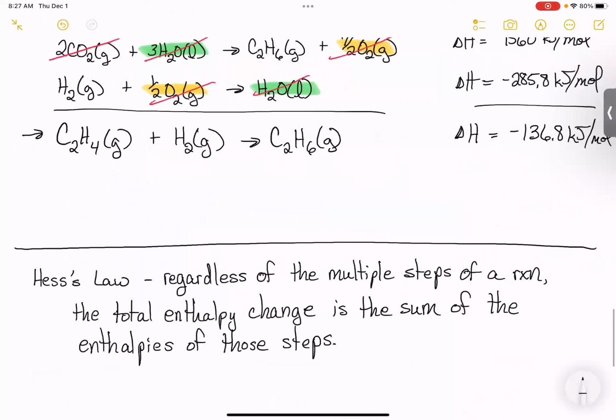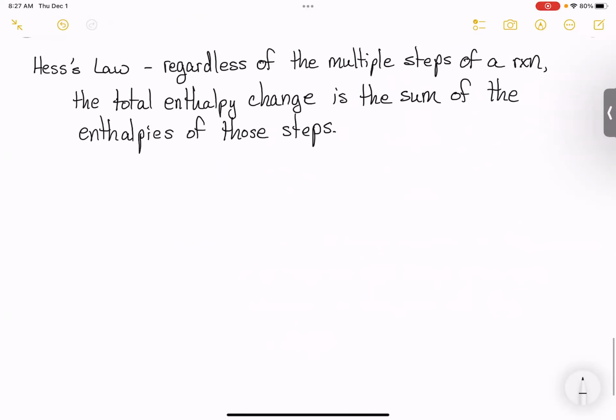But let's actually get into Hess's law. Hess's law basically says, regardless of the multiple steps of a reaction, in other words, regardless of the subreactions, the total enthalpy change is the sum of the enthalpies of those steps. Now, let's look at some examples.